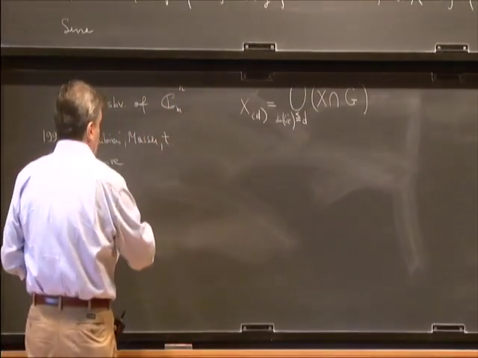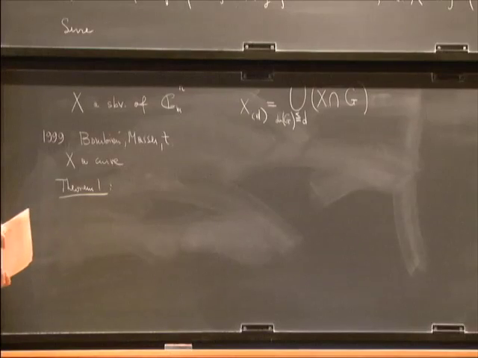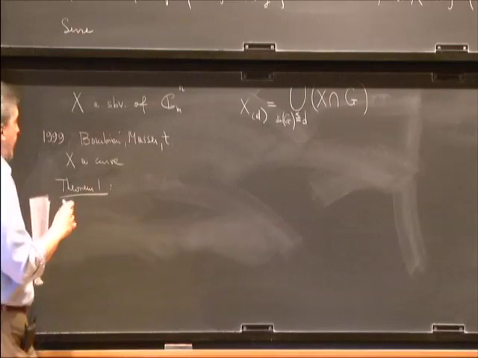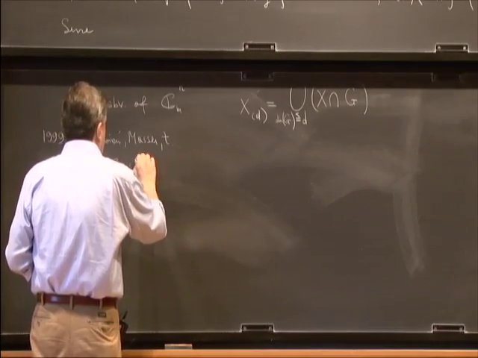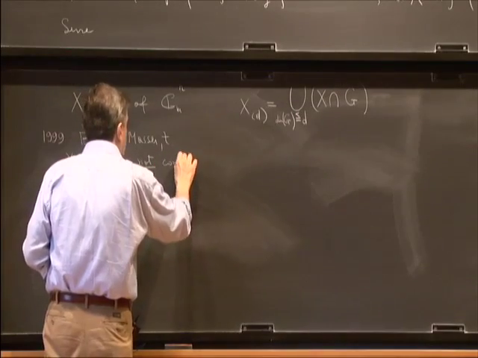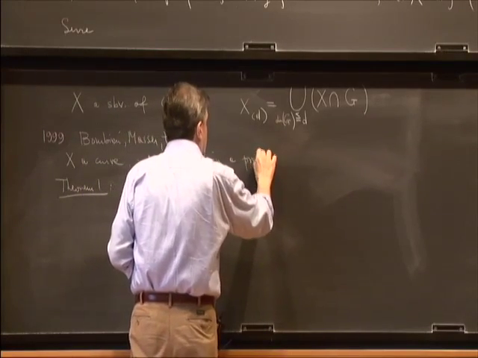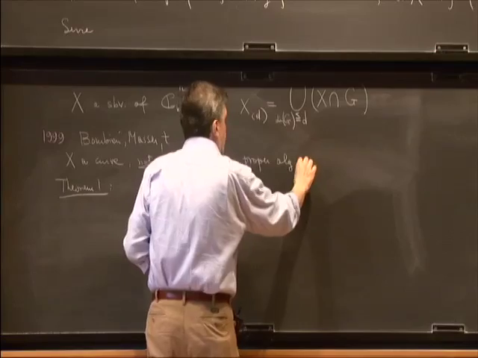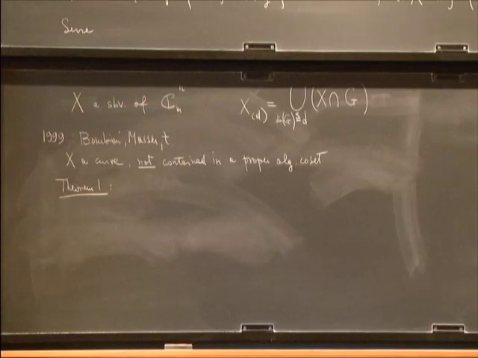For these intersections, there are infinitely many, but still one can say something, namely a bound for the Weil height under an assumption on X. So for this curve, the assumption that we made is that it is not contained in a proper algebraic coset, so in any algebraic coset of dimension n minus 1.